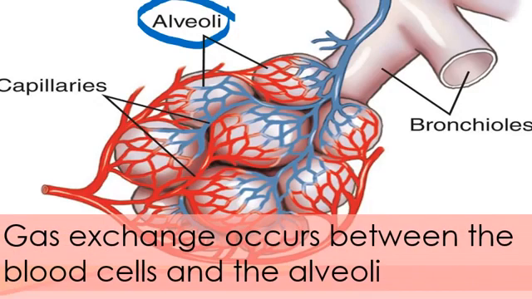So gas exchange occurs between the blood cells and the alveoli. Again, let's read. Gas exchange occurs between the blood cells and the alveoli. So it is to exchange oxygen and carbon dioxide molecules to and from the bloodstream.